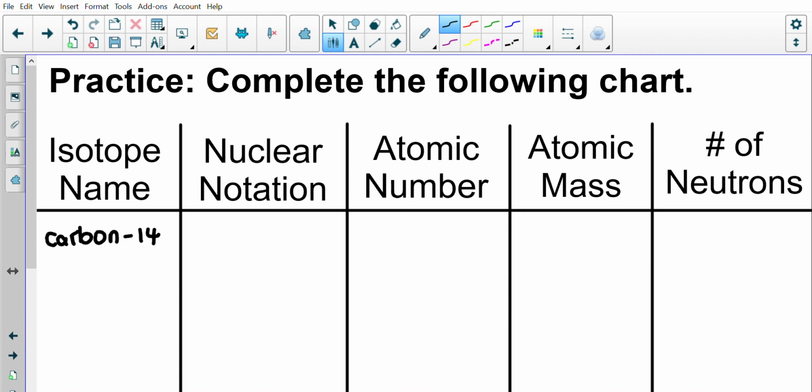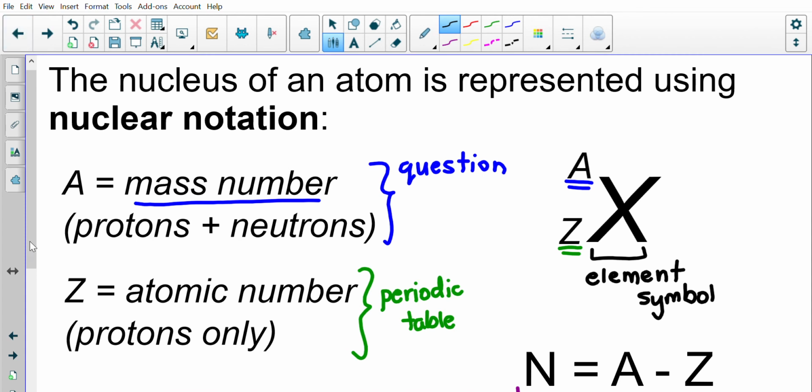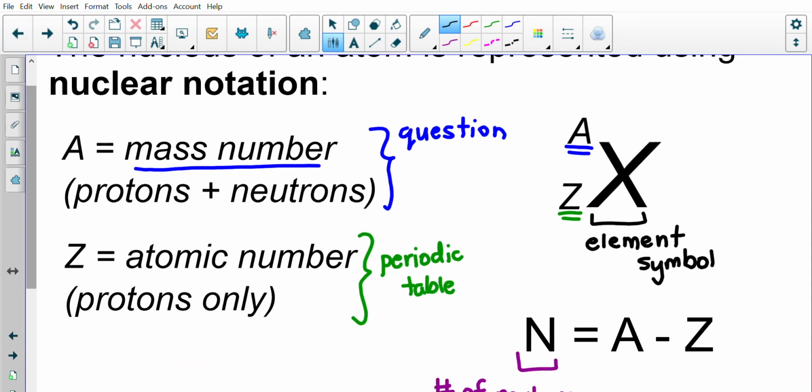So for the nuclear notation, we're going to put the symbol C. And then for our number of protons, we're going to look that up on the periodic table. So let's just go back for a second here. The number of protons goes here on the bottom.